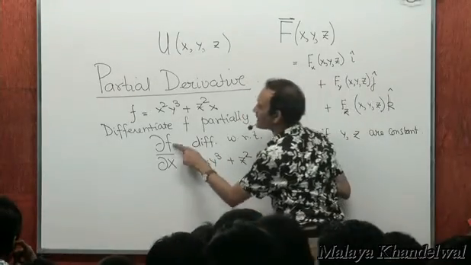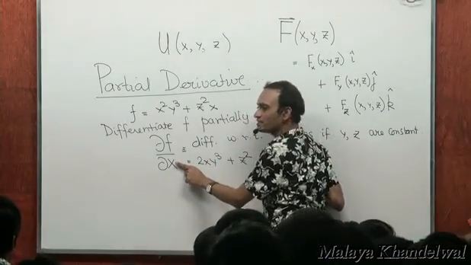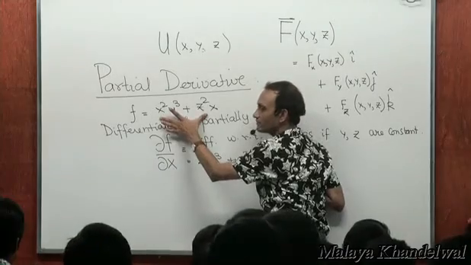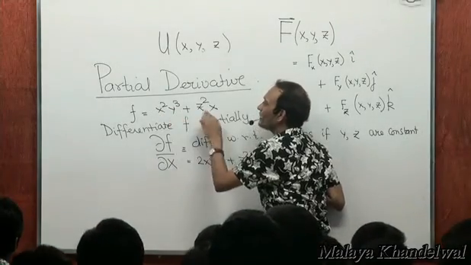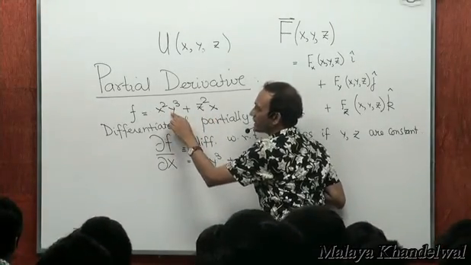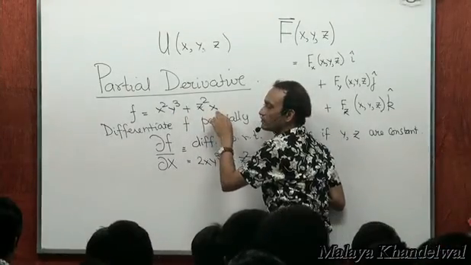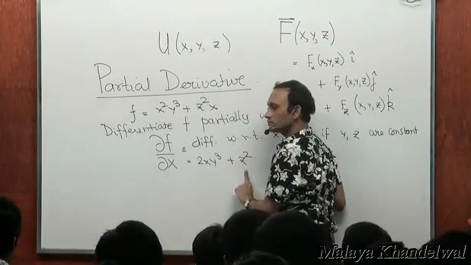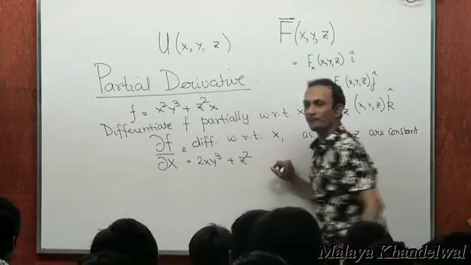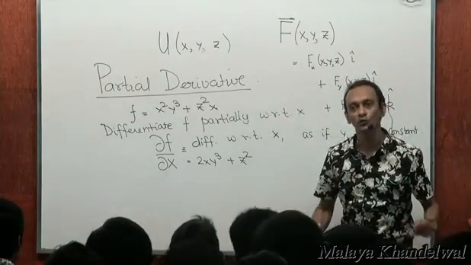I'm saying differentiate f with respect to x as if y and z are constants. This is f. Assume that y and z are constants. So what's the derivative of this? 2x y cube. What's the derivative of this? Z squared. That's the partial derivative of f with respect to x. Yes or no? Yes, sir.